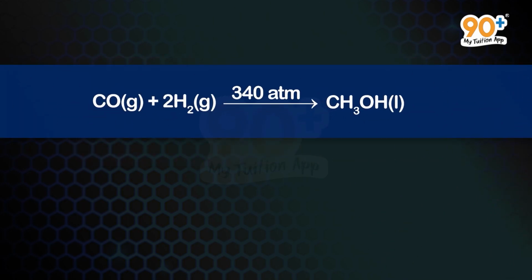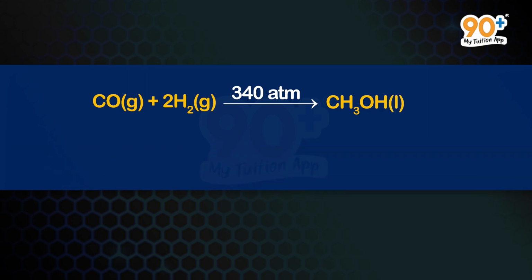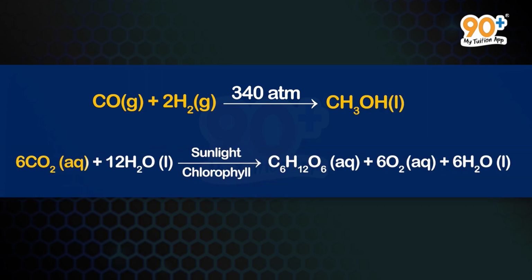For example, CO(g) + 2H2(g) at 340 atm gives CH3OH(l), and 6CO2(aq) + 12H2O(l) in the presence of sunlight and chlorophyll gives C6H12O6(aq), that is glucose, + 6O2(aq) + 6H2O(l).